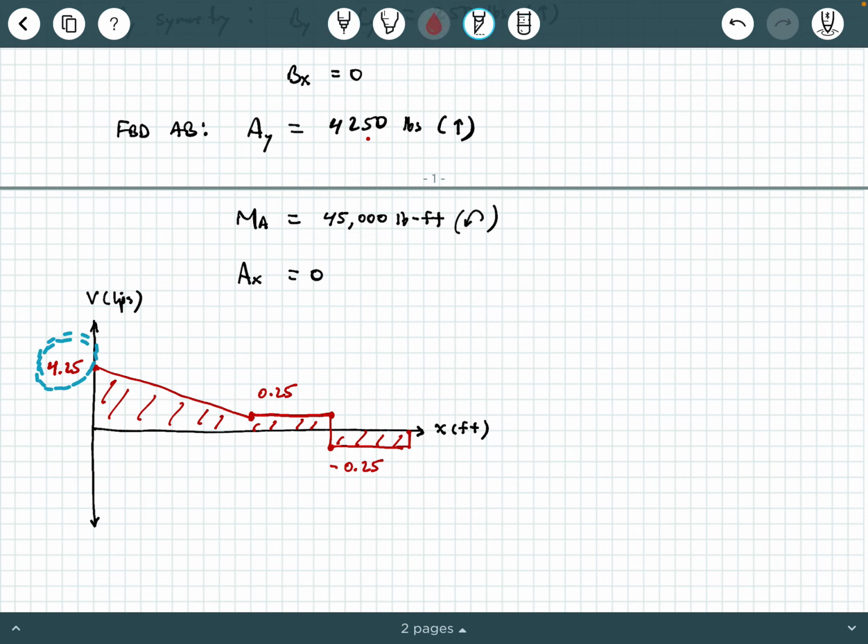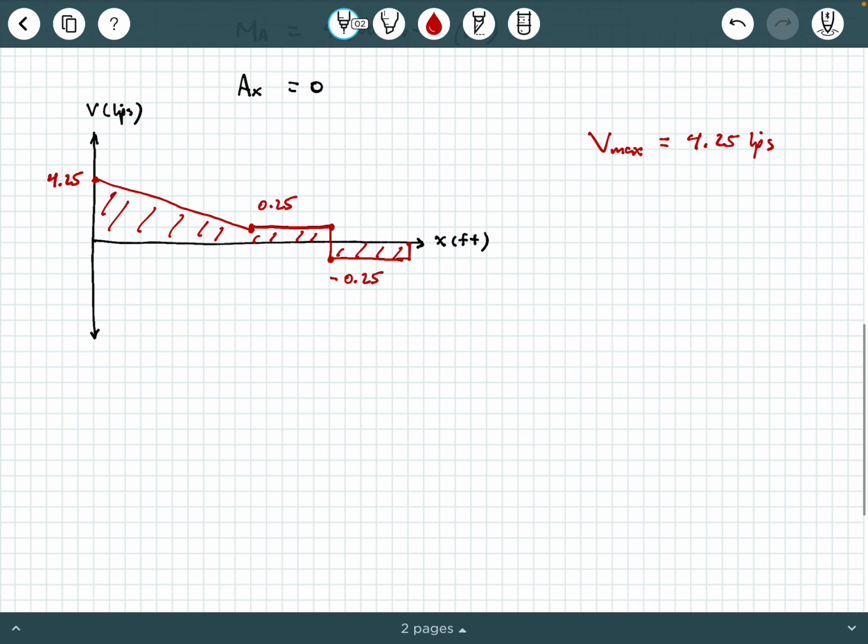So what is the absolute maximum shear force? Well, it's this 4.25 kips. So we can make a note. We could say Vmax is 4.25 kips, okay? And so what's our final answer? Well, tau is going to be equal to 1.5 times 4.25 kips divided by 12 square inches.